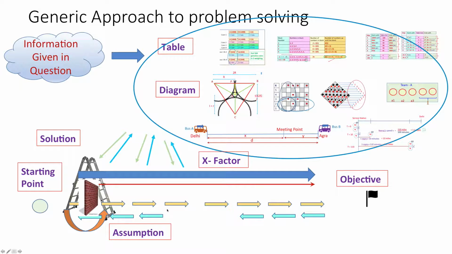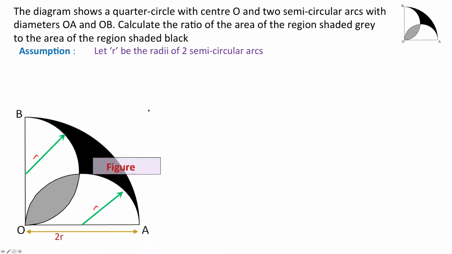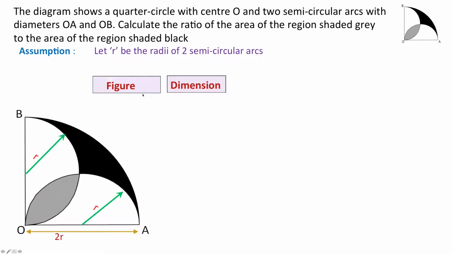The next step is basically we'll make a table. Now that we have assumed the radius to be r, let's make a table. The table will look like this. We'll have a figure, and for that figure we'll find the dimension, and we'll calculate the area for it. So the first regular figure that we're looking at is this quarter circle, which is this large outer quarter circle.